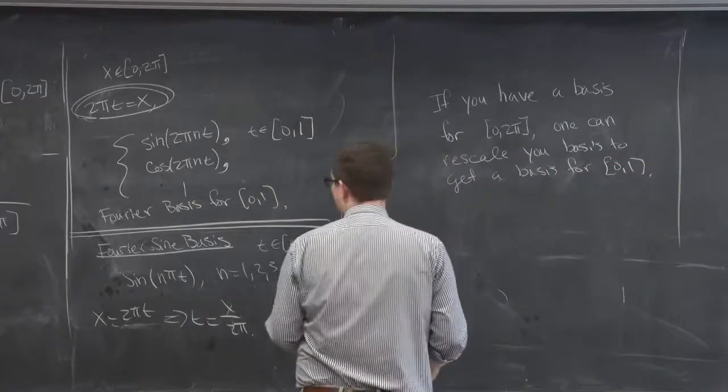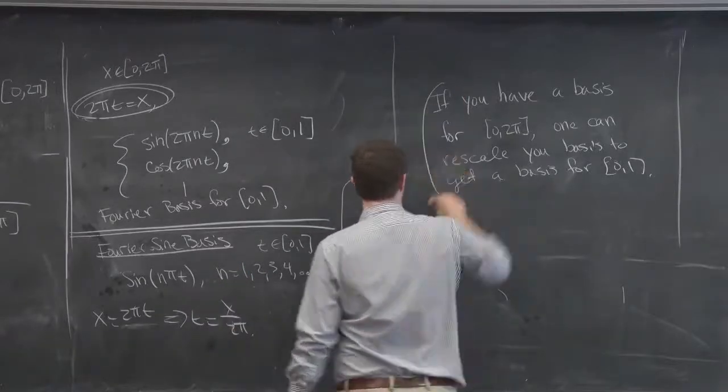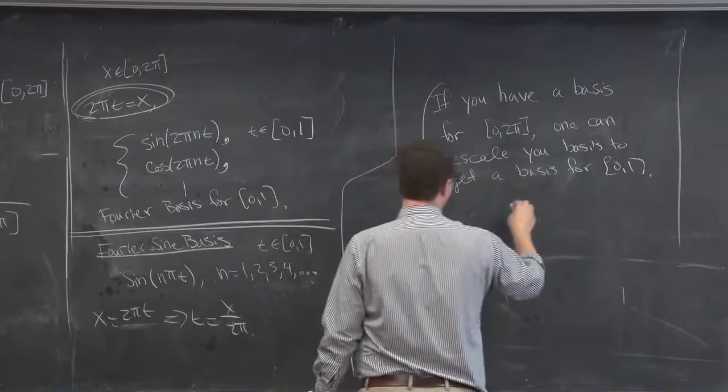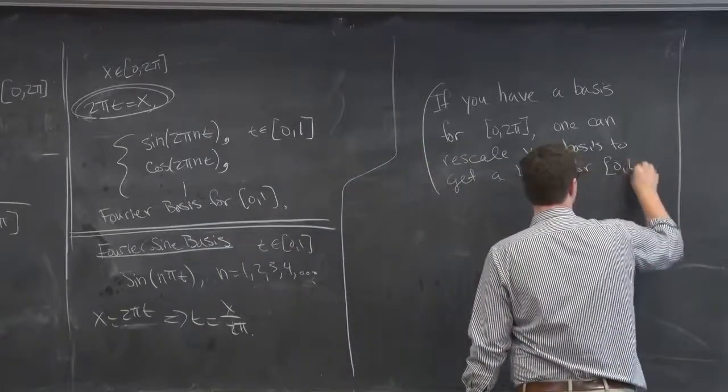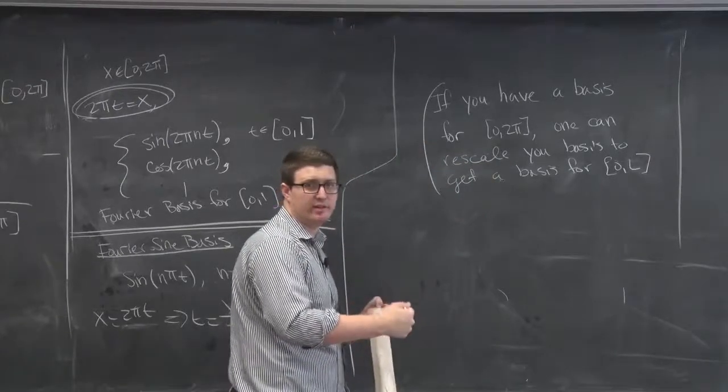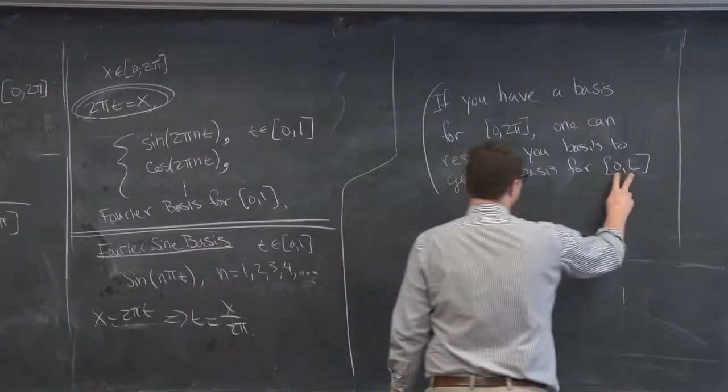Okay? So, what do I mean by this? So here, let's take this, 0 to L, let's say, or any other interval that you want. Okay, so you'll have to shift, and then you'll have to translate.